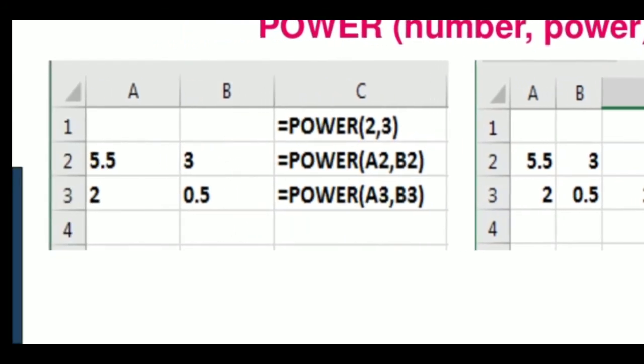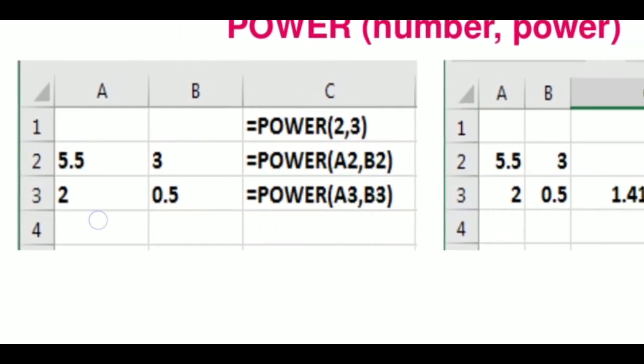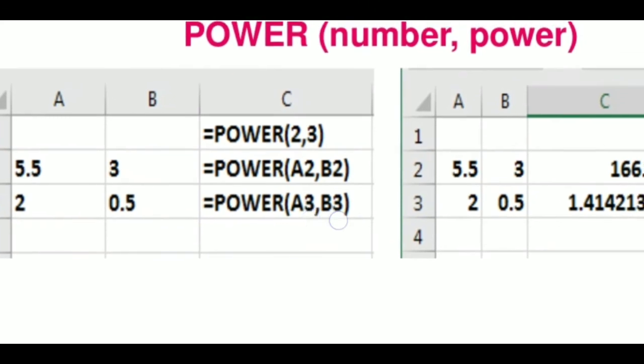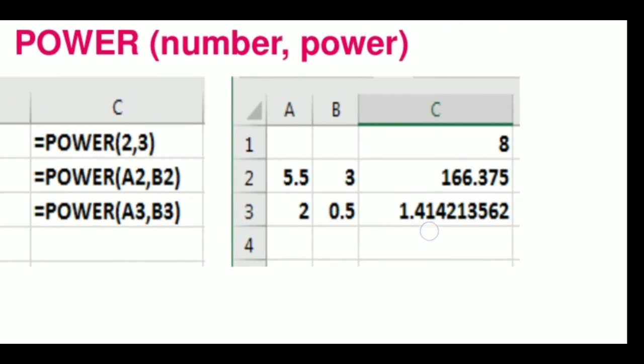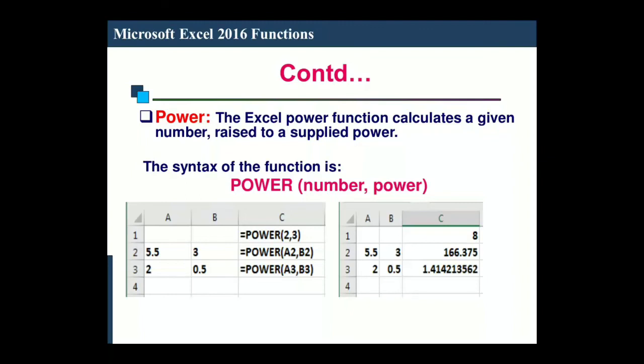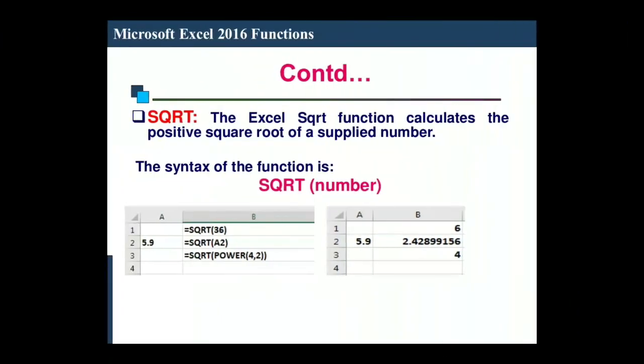And the same way for 2, the power is 0.5, A3 comma B3, we have used cell references here. Result will be 1.4142135562. This is the result of power function. So in this way we can use different functions to calculate values.